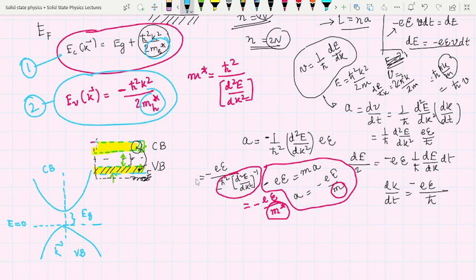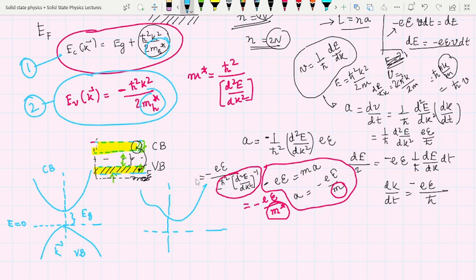This is a case where the top of the valence band and the lowest point of the conduction band, that is the minimum of the conduction band, lie on the same k line.